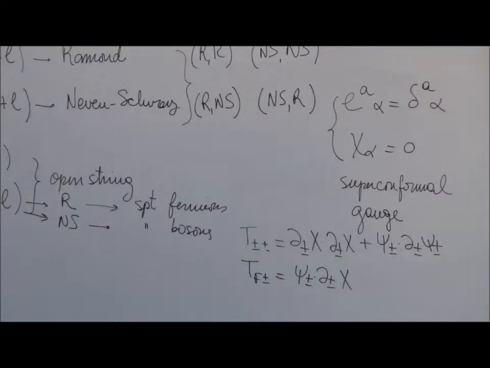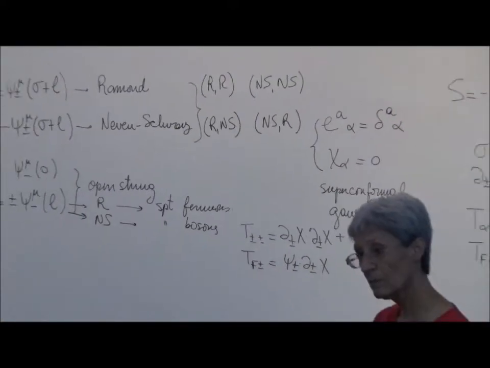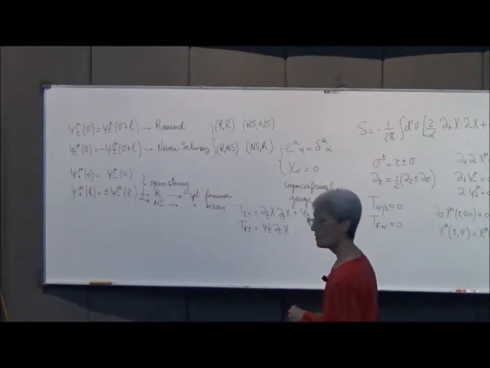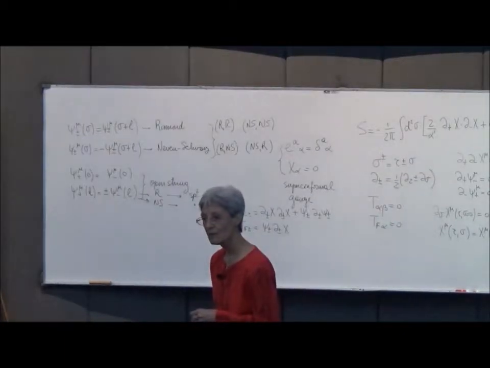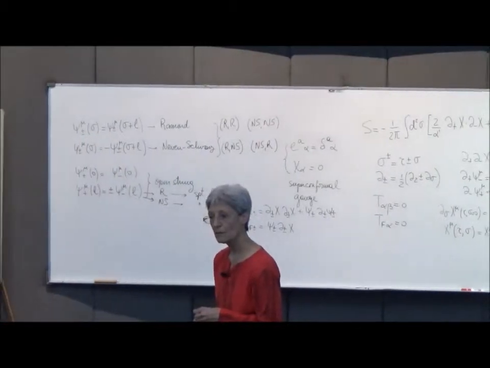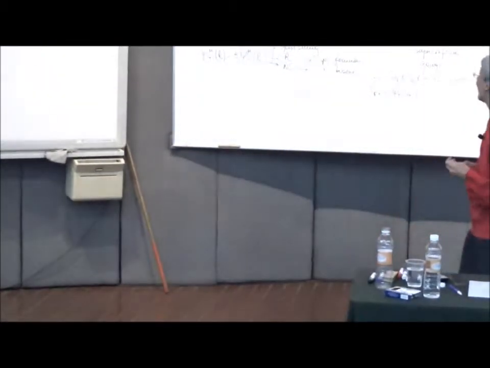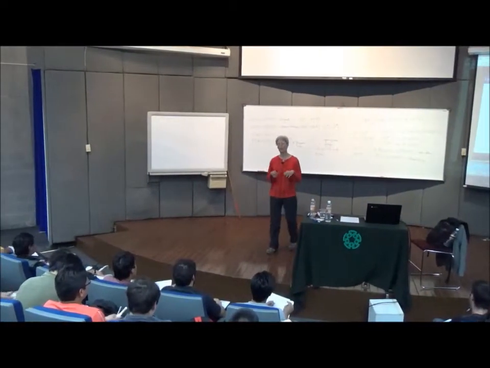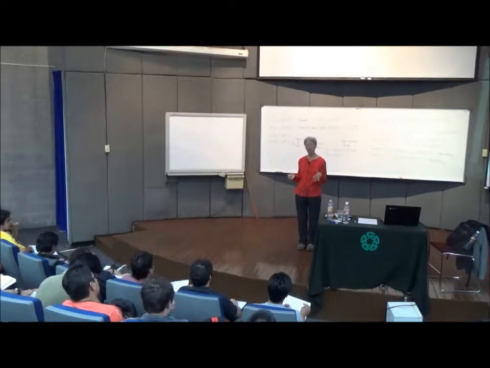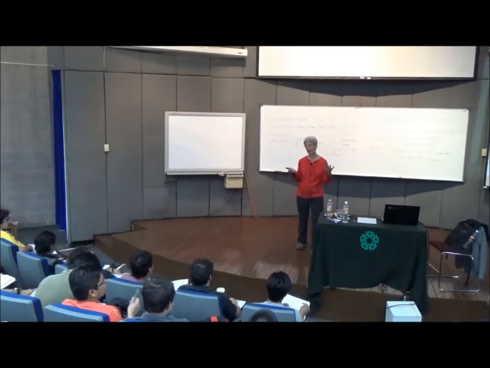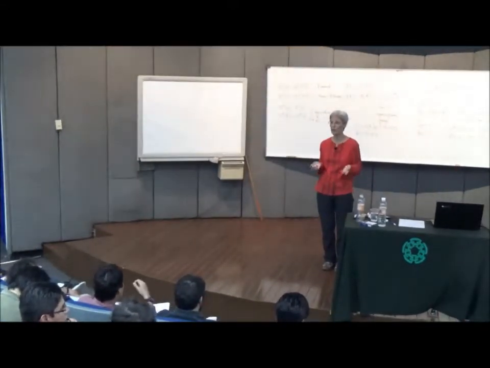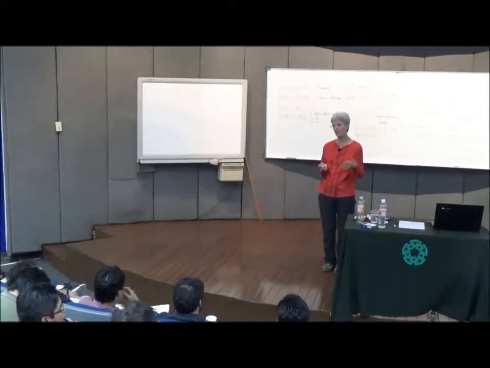The questions. Sorry, why don't you write the ghost part in the action? Why don't I write that? The ghost action. Ah, ghosts. Yes. Okay. So far this is all classical. This is a classical action, and we fixed the gauge. So if we want to quantize, with a path integral quantization, in order to do the usual Faddeev-Popov determinant, we need to compute it.